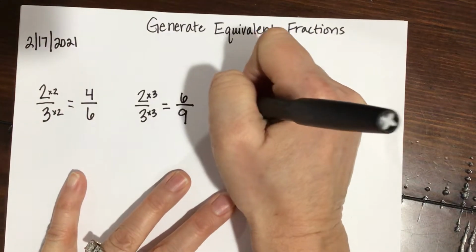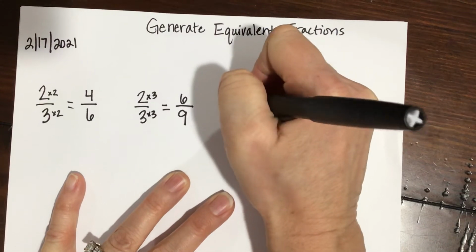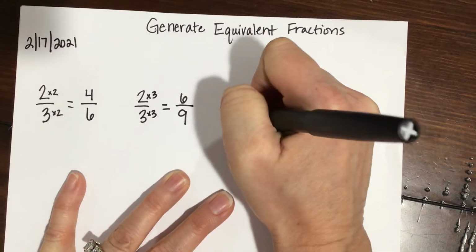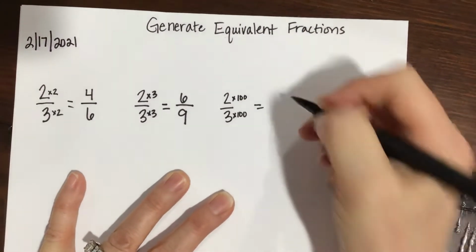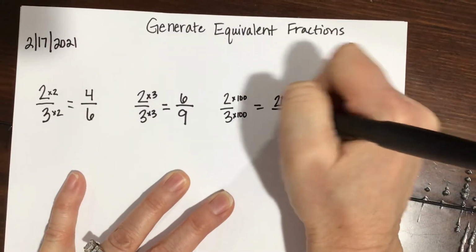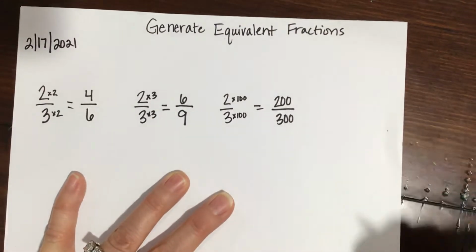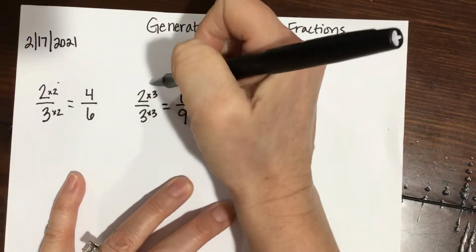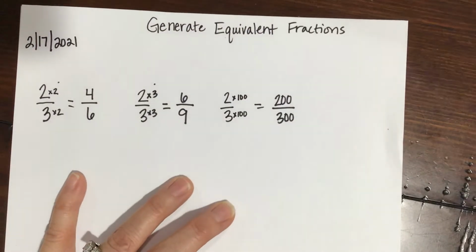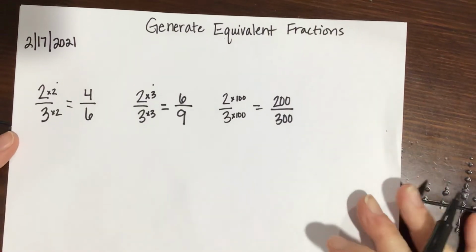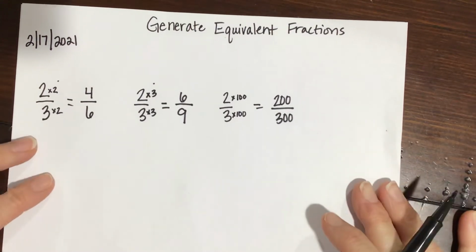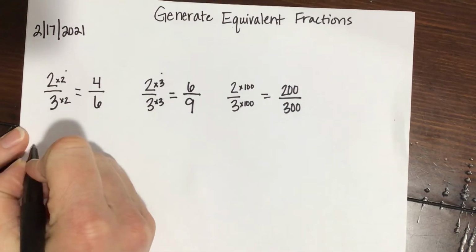You could multiply the top and bottom by 100, as long as you multiply the top and bottom by the same number. Again, I recommend keeping it simple so that you're working with numbers that are easy to work with and easy to multiply.